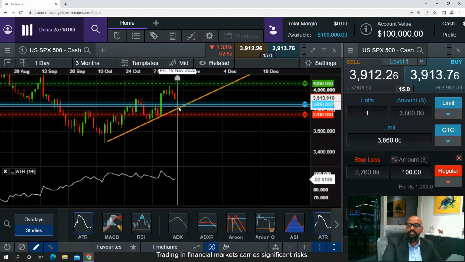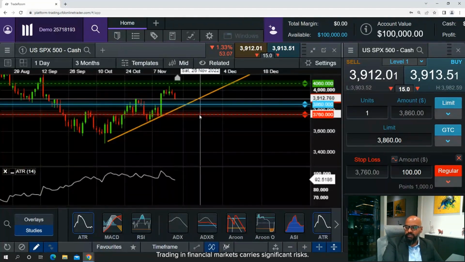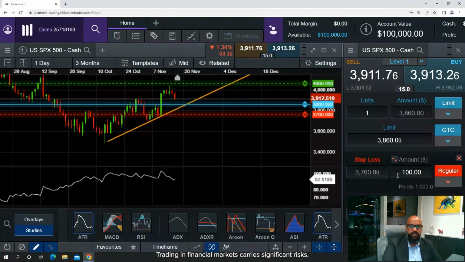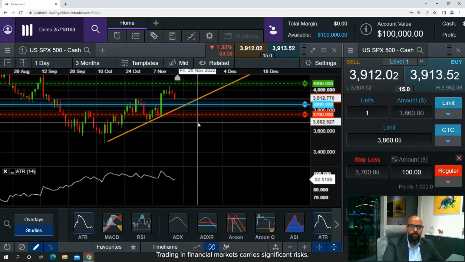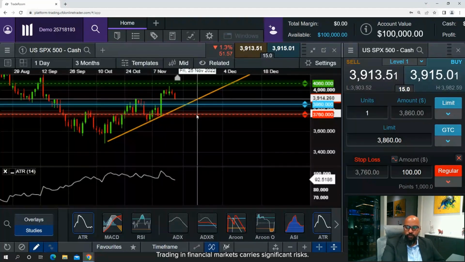But in the case it fails and it goes below that, I am exiting my position with $100 loss because now my trend line is of no value. It has broken my trend line, and now we could expect it to come down lower. And probably it might form a new trend line, maybe a new support, and you can re-enter the market at the next support and next trend line. But always make sure you have your stop loss.